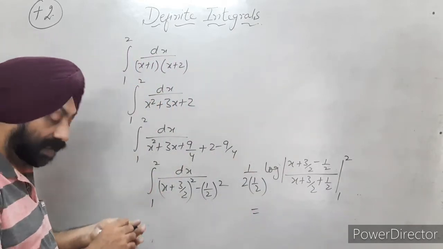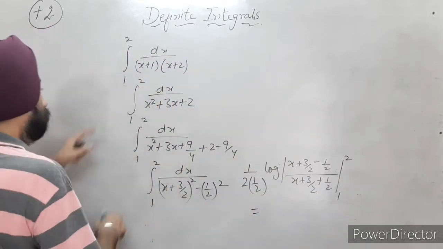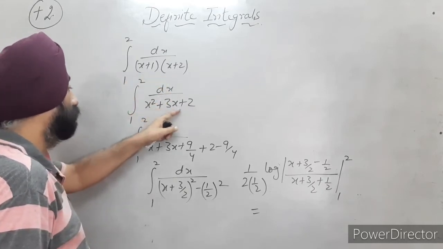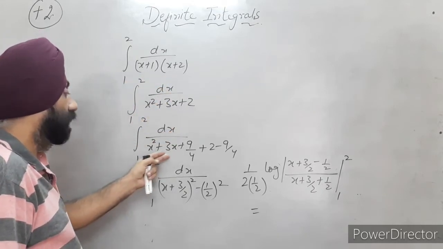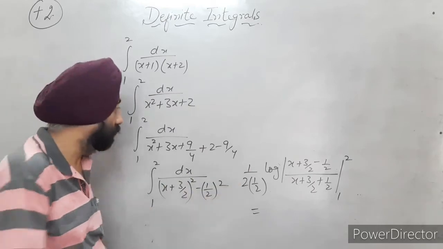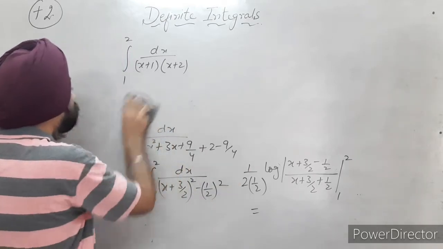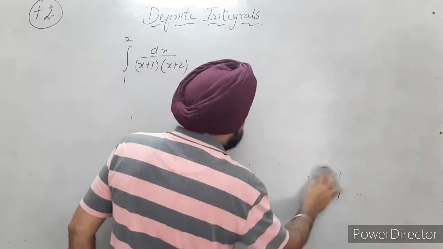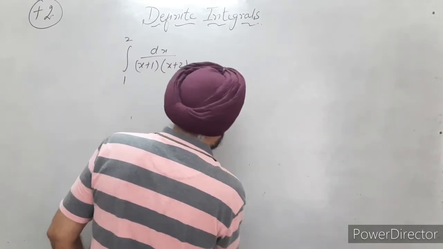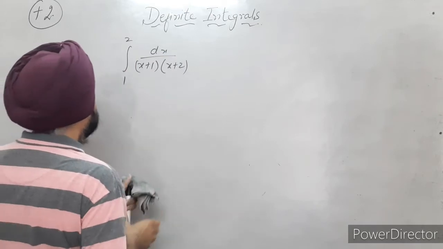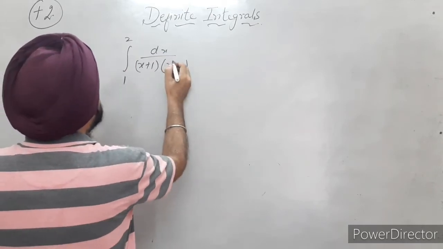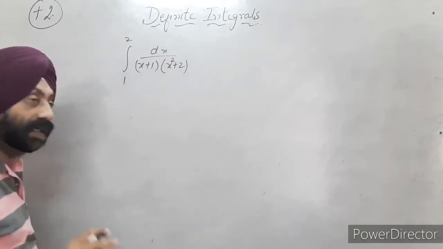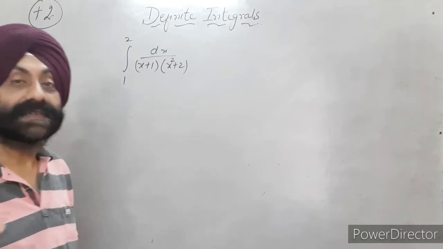Now, I opened the brackets, I got the quadratic in the denominator, I completed the squares and so on. Now if I had, say, dx upon (x plus 1)(x square plus 2), I have to use partial fractions.